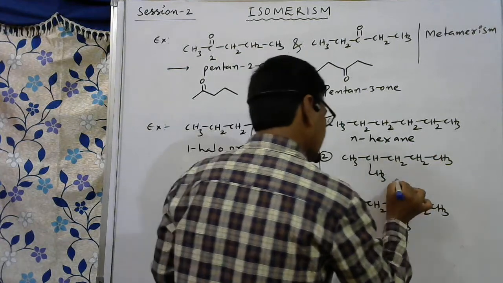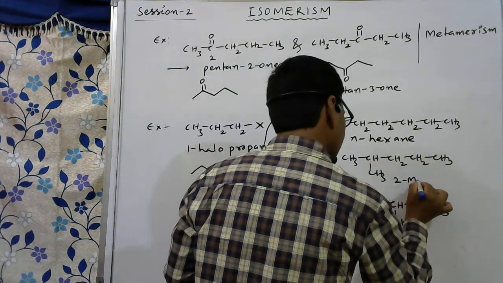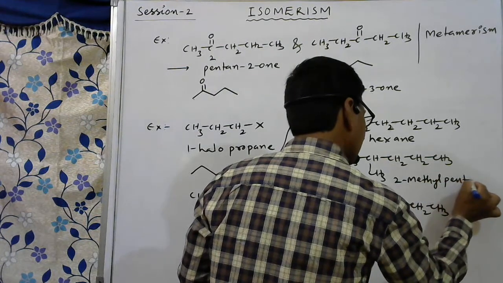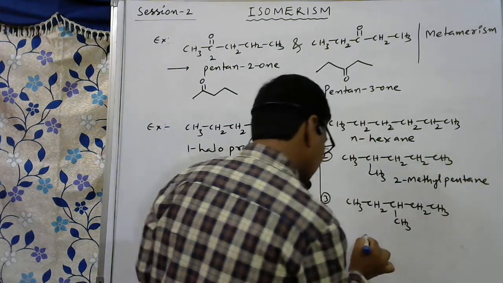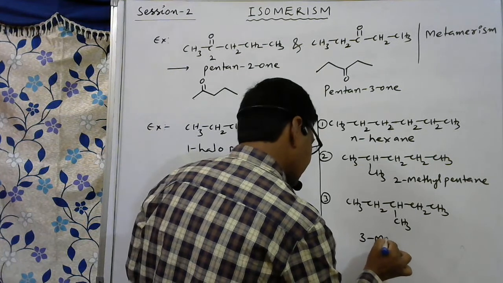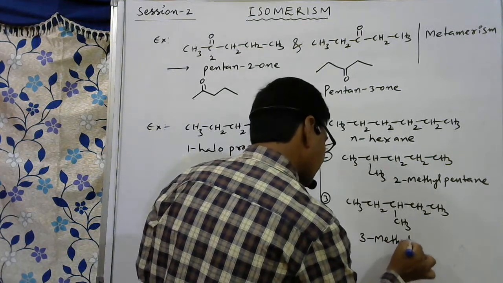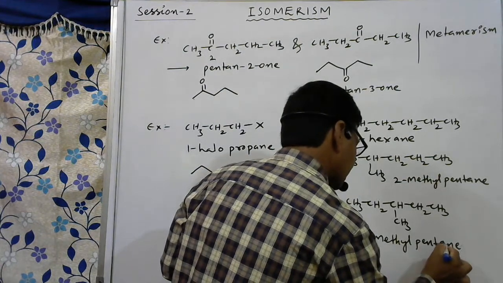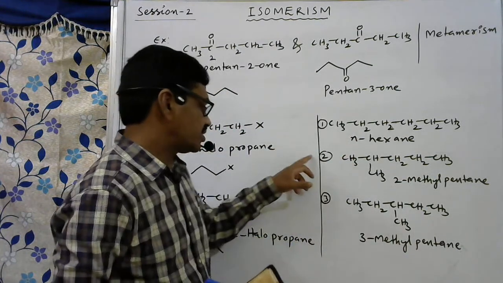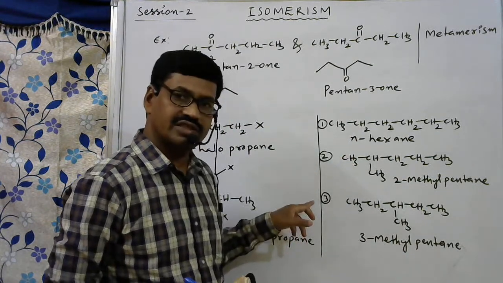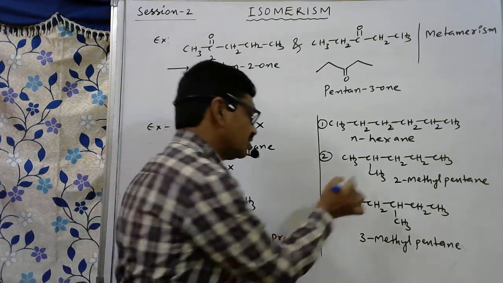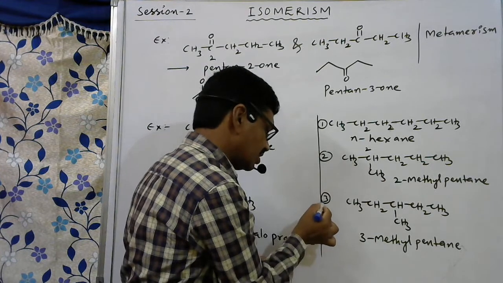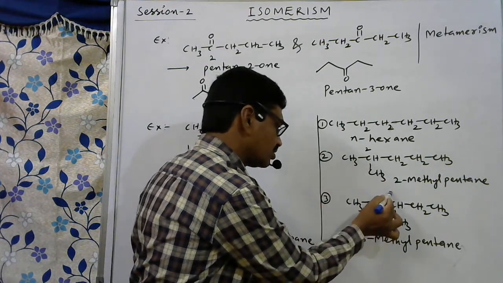The first compound is n-hexane. The second compound is 2-methyl pentane. This is 3-methyl pentane. If you take the second and third combination, here the methyl group is present on the second carbon, and in the third compound the methyl group is present on the third carbon.